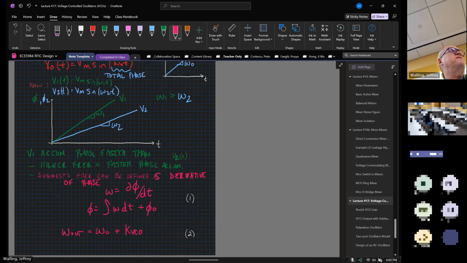We're going to say that it has a gain that's proportional to some frequency divided by V, times some control voltage. So the output frequency of our VCO is equal to the free running frequency plus some control that we're applying to the VCO by adding that control voltage.